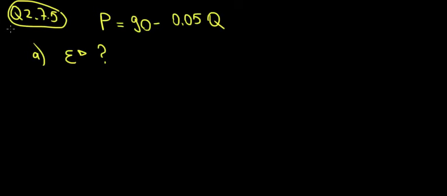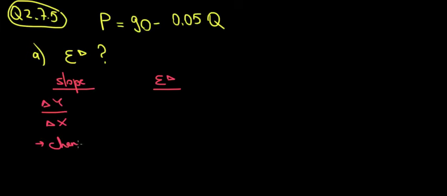Alright, before going further, let's first understand what is elasticity. Because elasticity is similar to the slope, but there is a difference. A slope shows the change in y relative to the change in x. So the slope shows us a change in units.